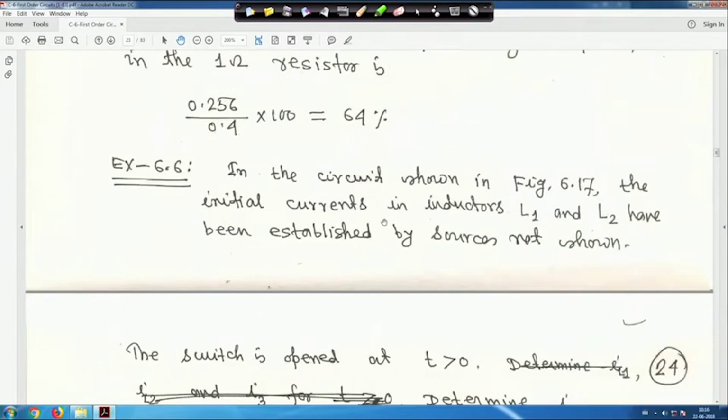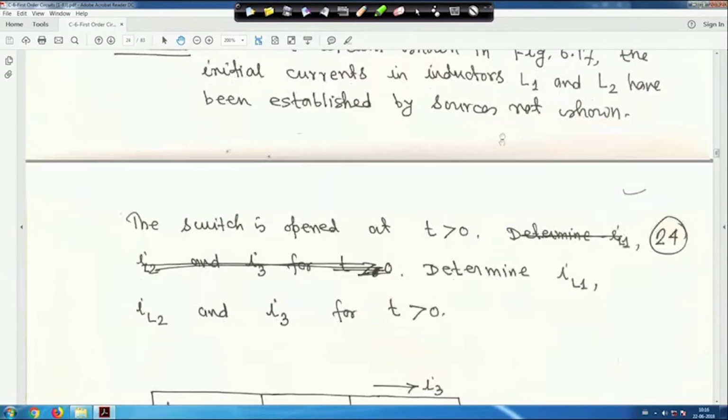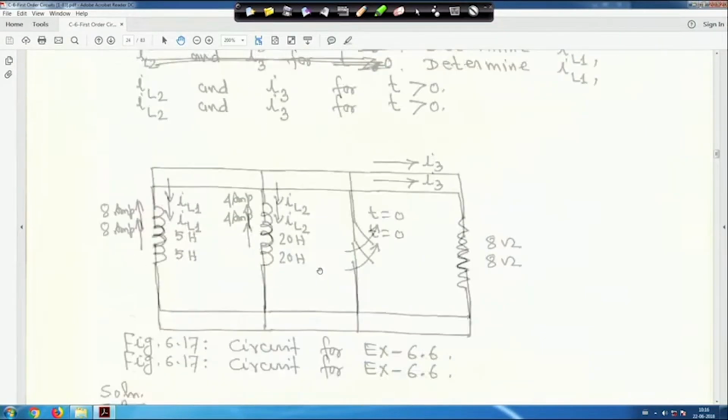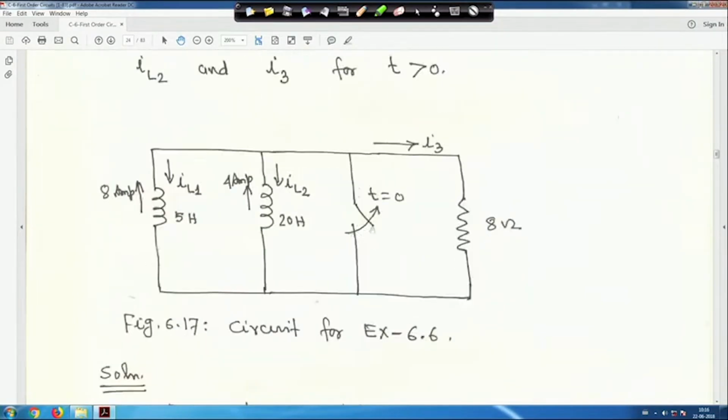The inductors are 5 Henry and 20 Henry. The problem says the initial currents in L1 and L2 have been established by sources, not shown, and we assume that. The switch is open at t greater than 0, and you have to determine IL1(t), IL2(t) and I3(t) for t greater than 0, when the switch is open.